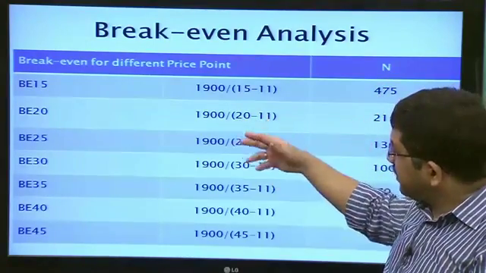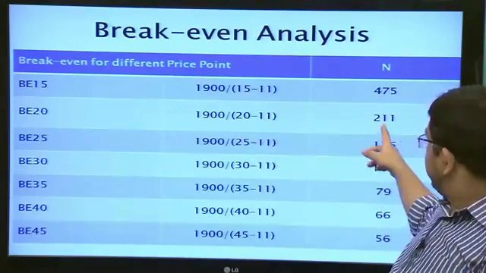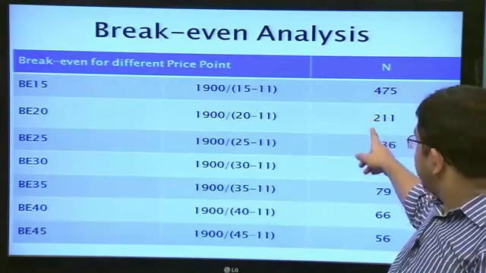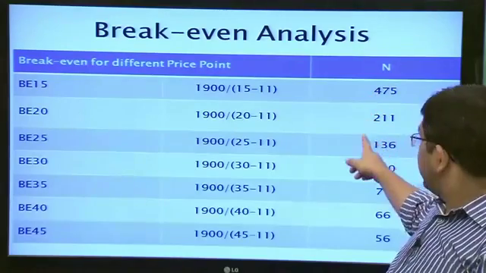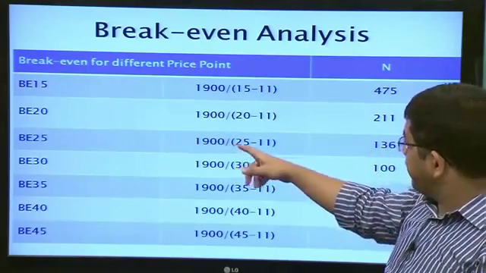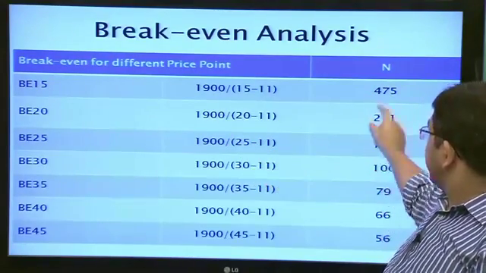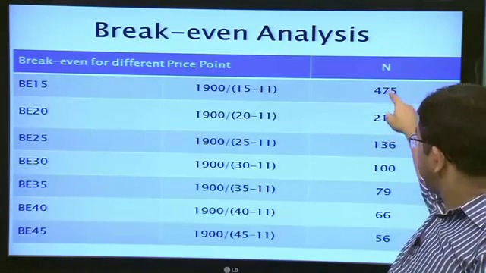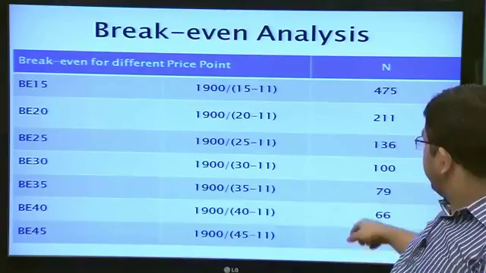In the case of $20, I will need 211 units. So you see that there is a sharp decline. Then if I go from 20 to 25, again $5, the decrease in the number of units is not as sharp as it was from 15 to 20.